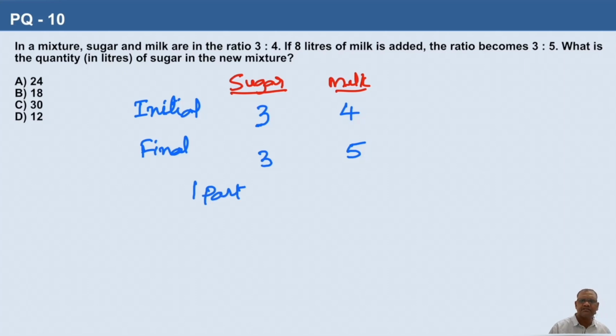So according to the question, 1 part is equivalent to 8 liters. 8 liters of milk is added. So what is the quantity of sugar? Quantity of sugar is 3 parts, right? 3 parts is equivalent to how much?